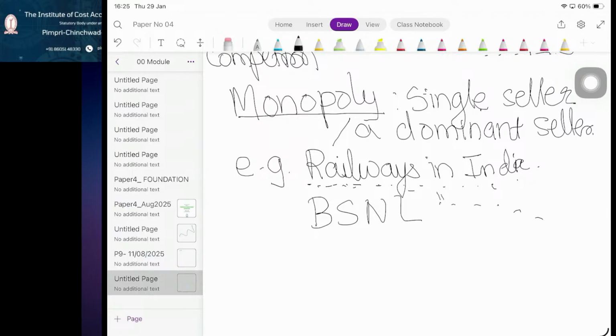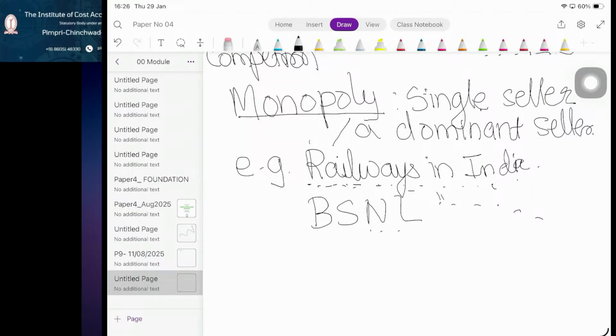Reliance is there, Vodafone is there, Airtel. Three or four companies are providing the service. Are you getting this? Okay.